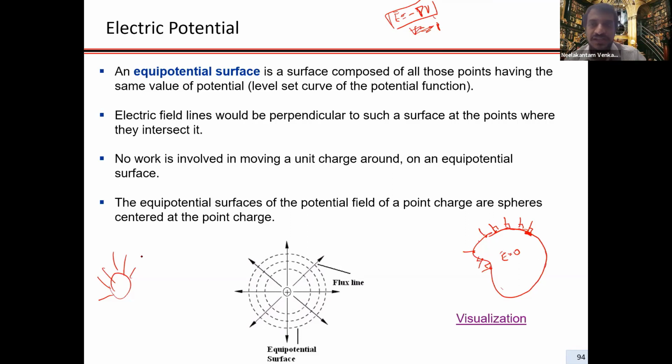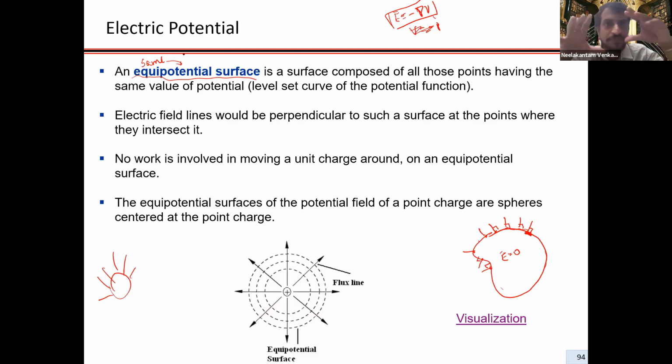Before seeing that, let's define what is called an equipotential surface. An equipotential surface is that surface in space where all the points on the surface have the same potential. Equi means same. All the points have the same potential on that surface. And when all the points are at the same potential, that means there is no change in potential along the surface.